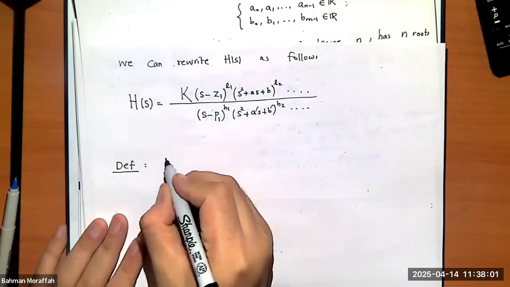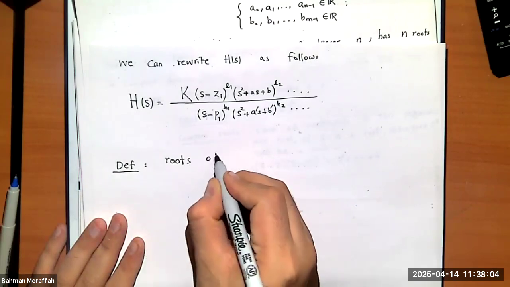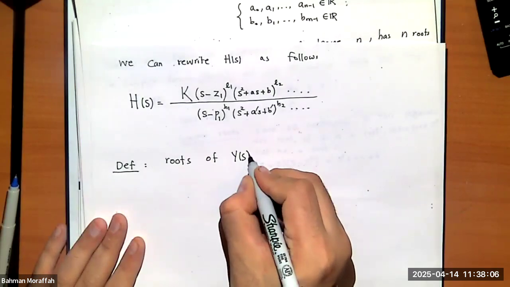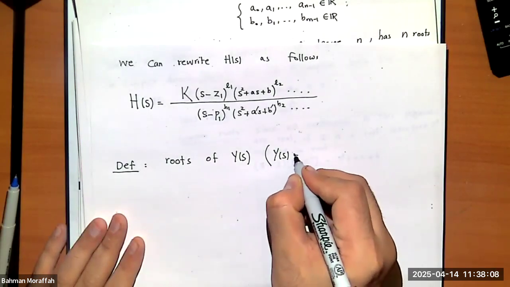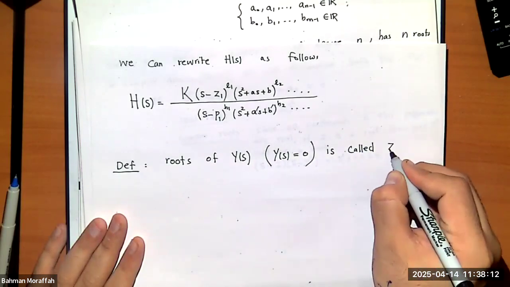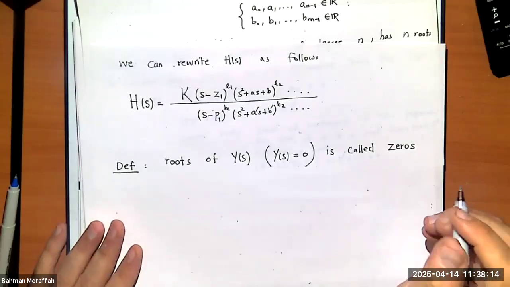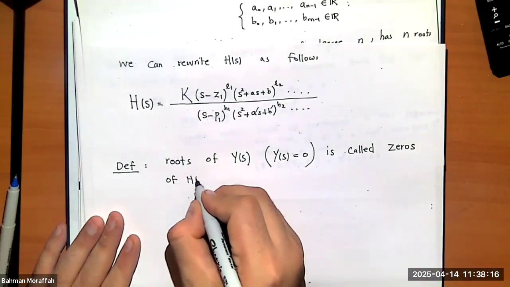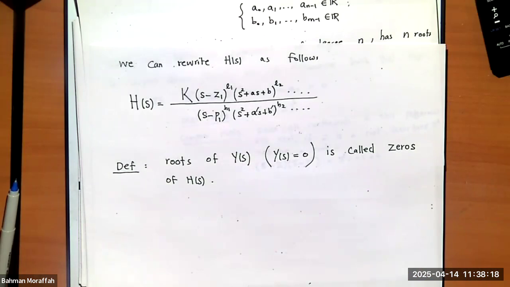So roots of y of s, which means y of s equals 0, are called zeros of h of s. Right? Just a definition. You can do the same thing for x of s.